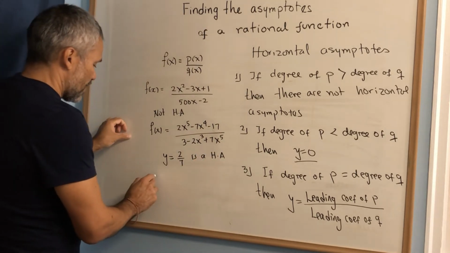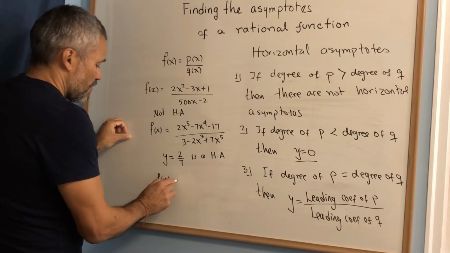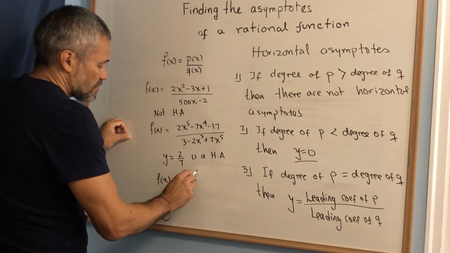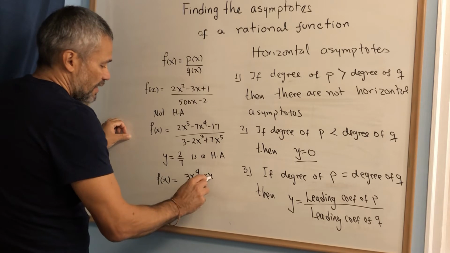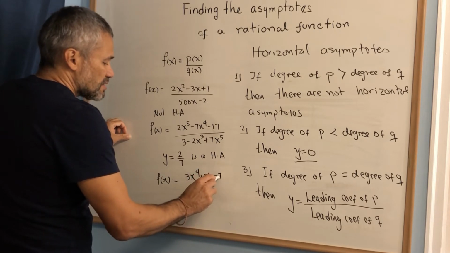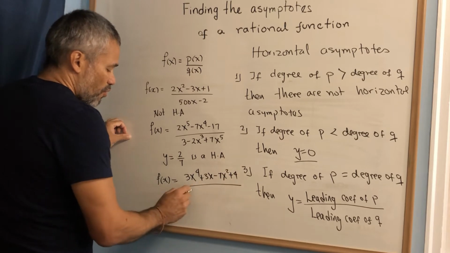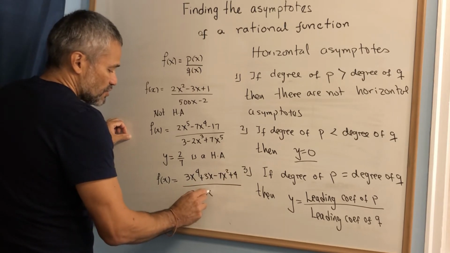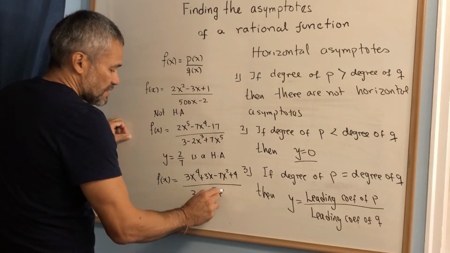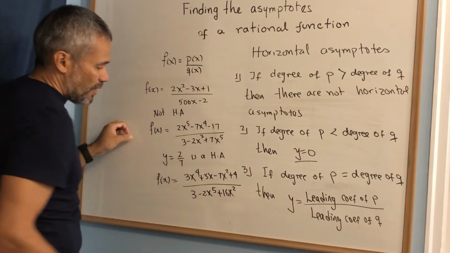Let's see another case. If you have f of x equals (3x to the 4th plus 3x minus 7x squared plus 4) over (3 minus 2x to the 5th plus 16x squared).